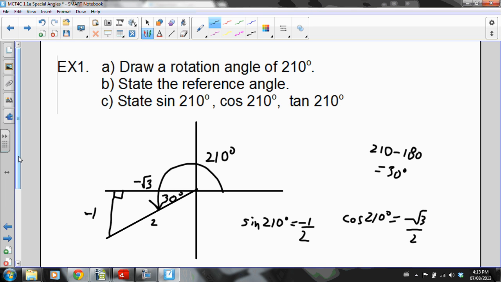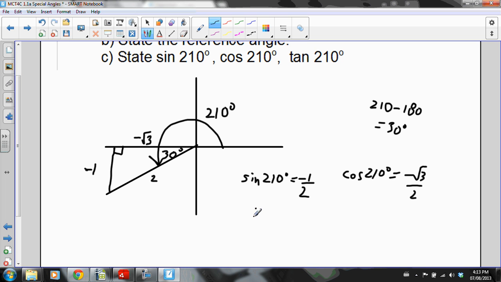And the tangent then is opposite over adjacent. Opposite's negative 1 over negative square root of 3. You can simplify that a little bit, I suppose.